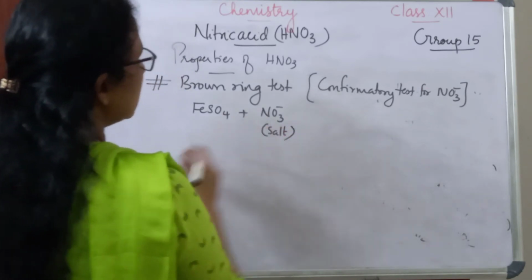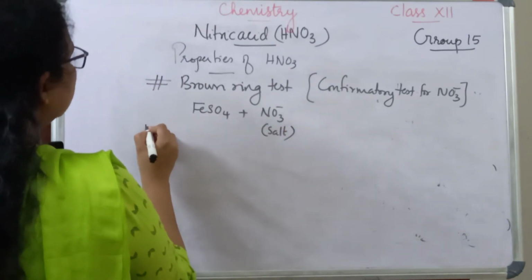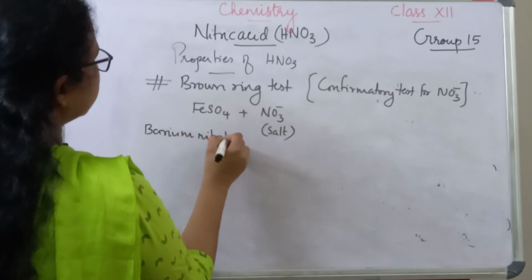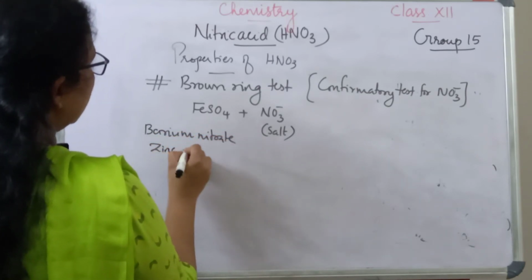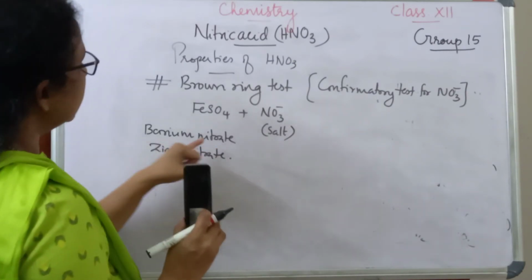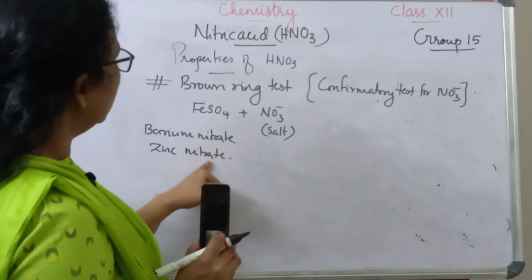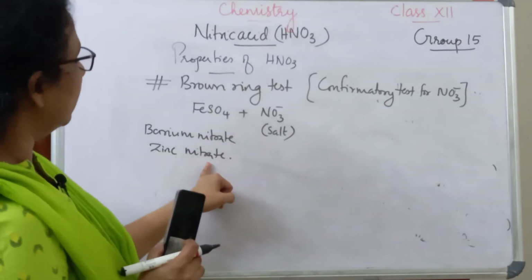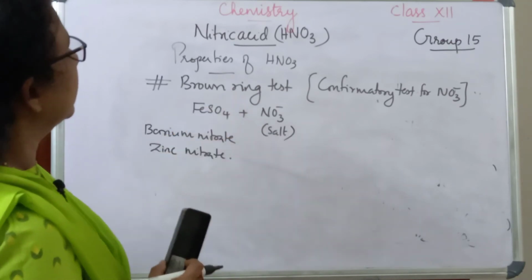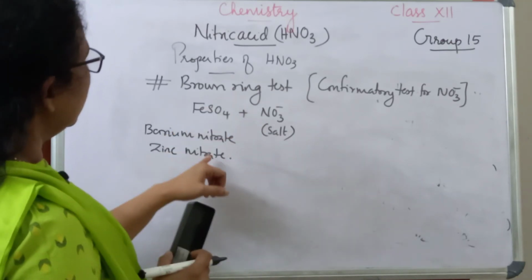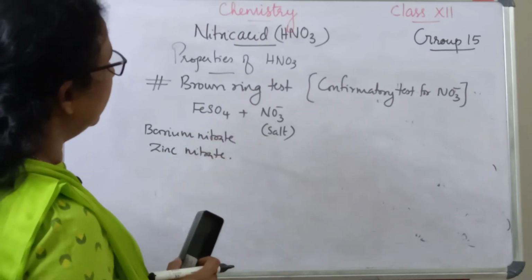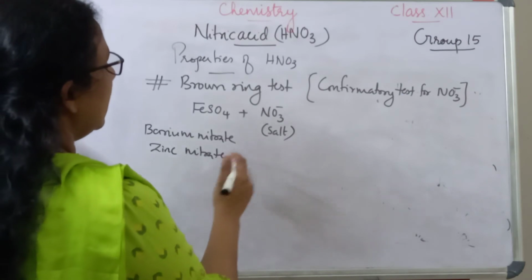The salt is to be analyzed, maybe barium nitrate or zinc nitrate, etc. In all these cases, the presence of nitrate is to be confirmed using the brown ring test. So for that we need to use the nitrate salt with freshly prepared ferrous sulfate solution.